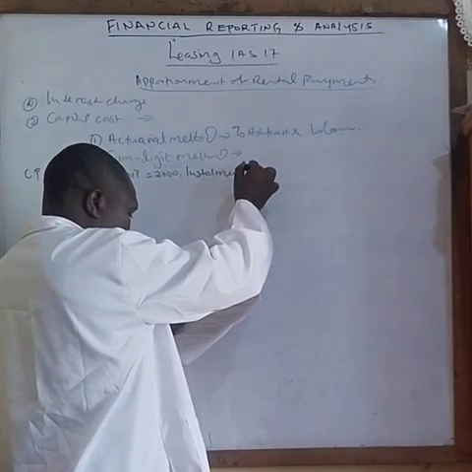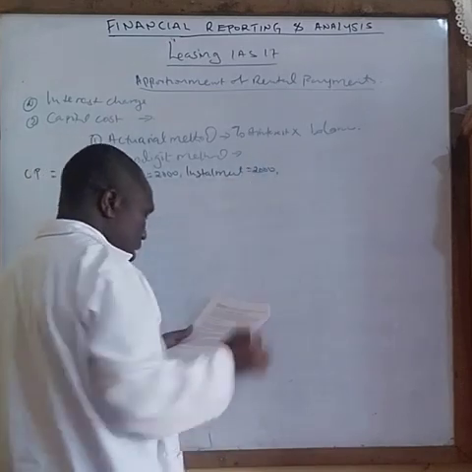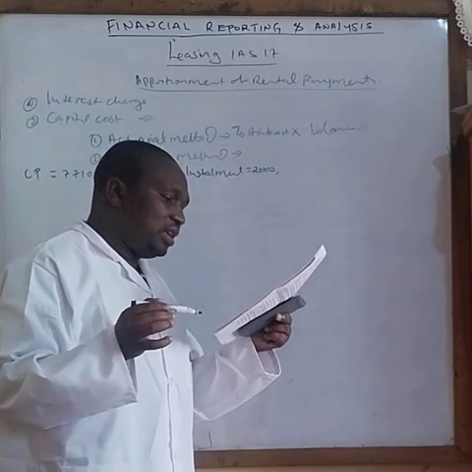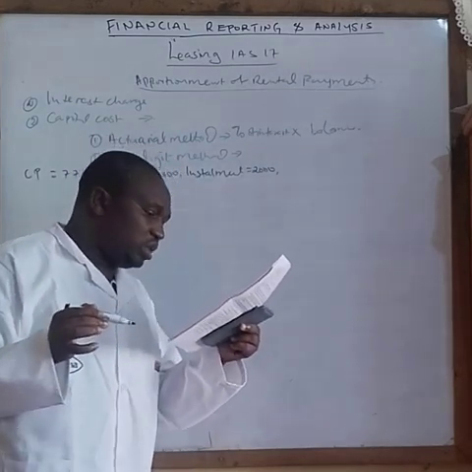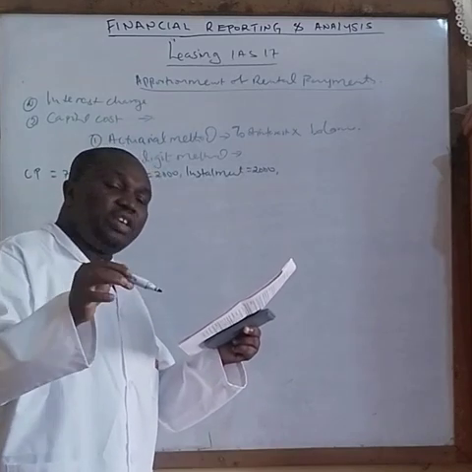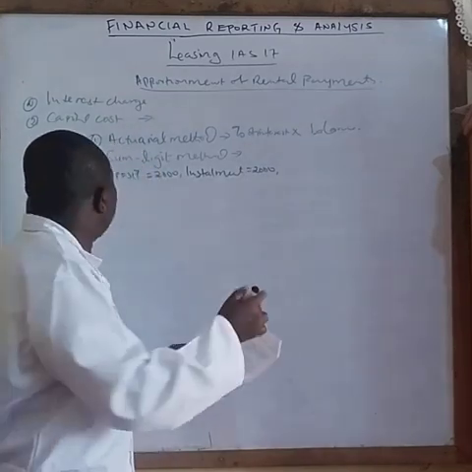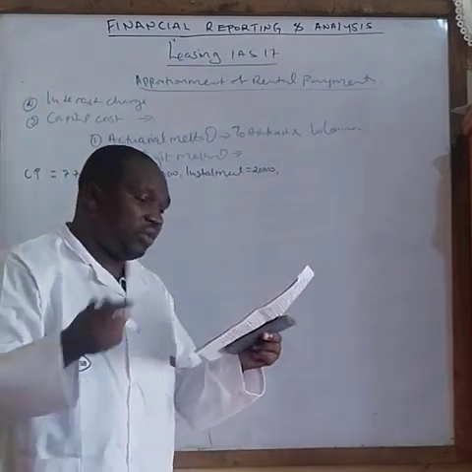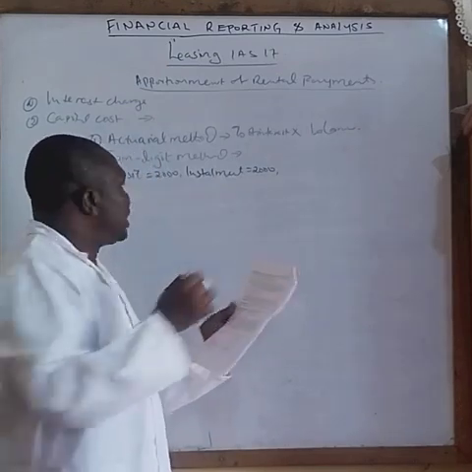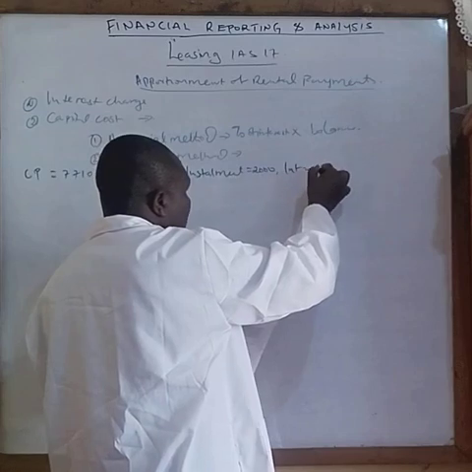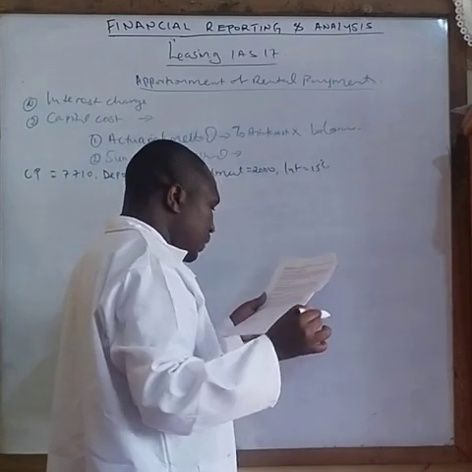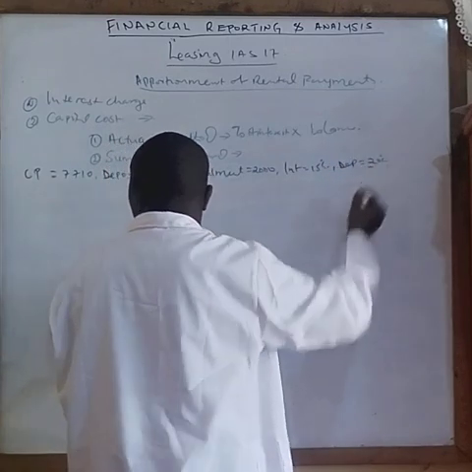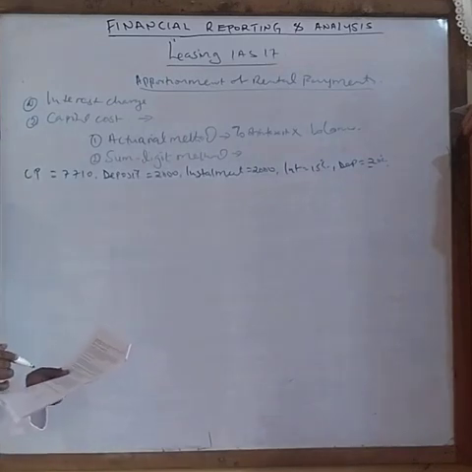Then you have been told the installments commence on 31st of December 20X0. The charge of 2,290 is inclusive of interest and the capital cost. Then there is an interest of 15%, and a depreciation rate of 20%.